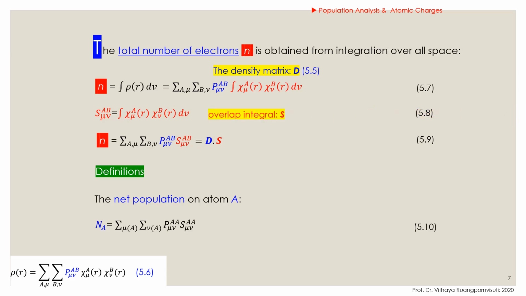As we know, S mu nu AB is the overlap integral or S matrix.